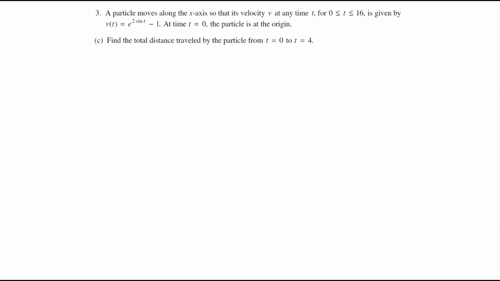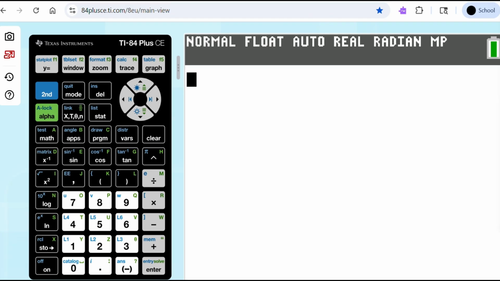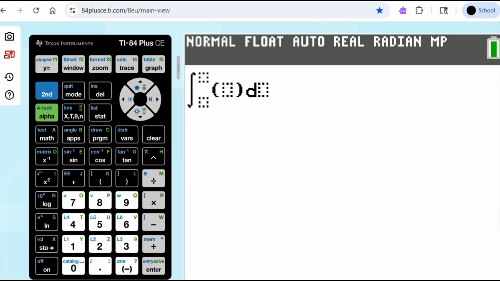In part C, it wants us to find the total distance traveled by the particle on the interval 0 to 4. Well, total distance traveled is an integral of speed, which is the absolute value of velocity. So we just want to integrate the absolute value of the velocity from 0 to 4. And conveniently, we've already got the velocity function graphed. So when we go out of here, we can just do math, option number 9, fnInt.